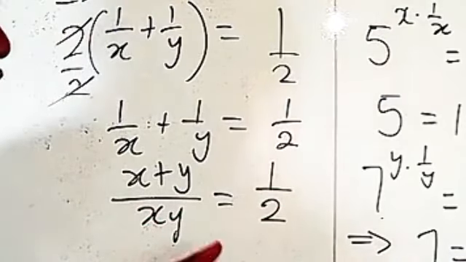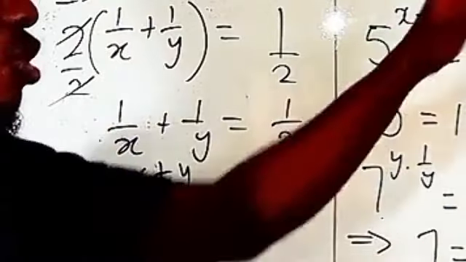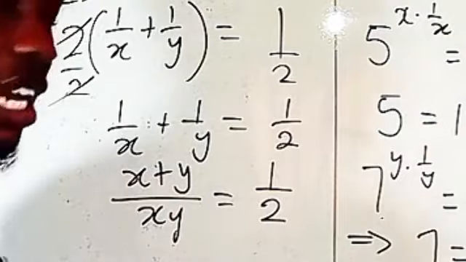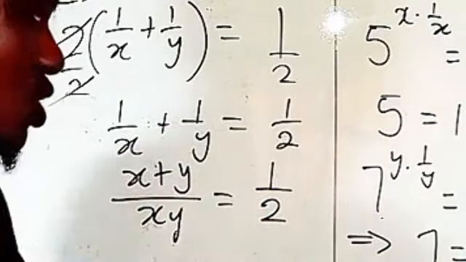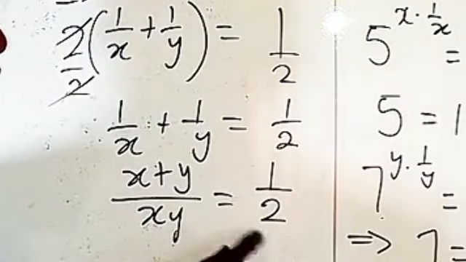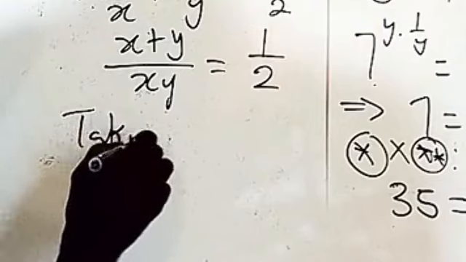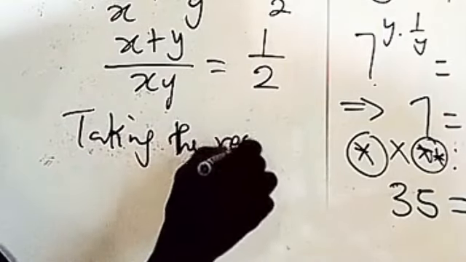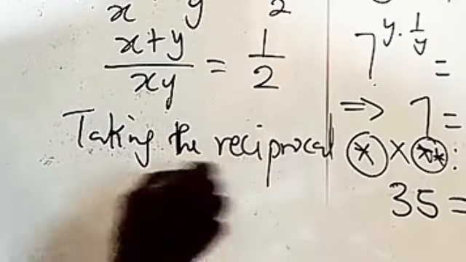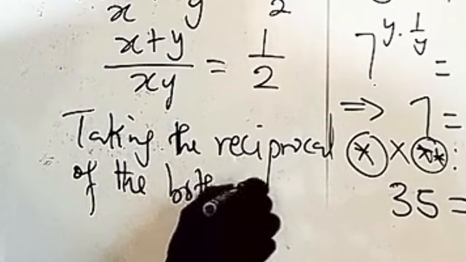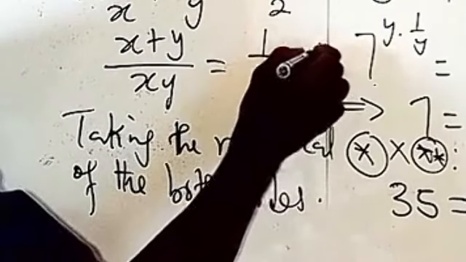But if you look at the question given to us, it is xy over x plus y, not x plus y over xy. So we have to interchange, which means we take the reciprocal of both sides of this equation, star star star.